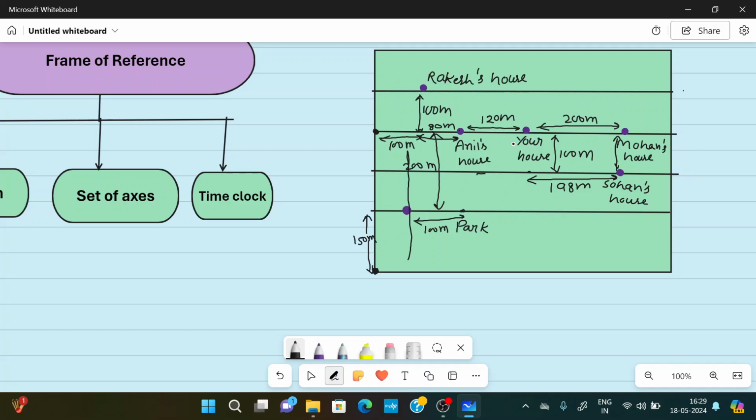So the position of your house is 350 meters north and 300 meters right from this left corner of the town.